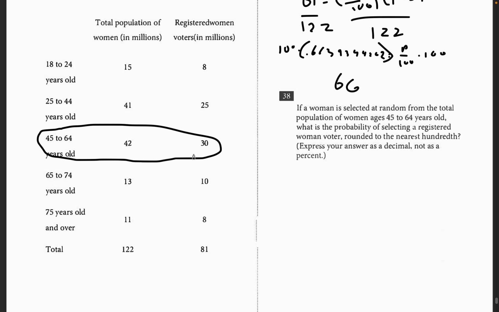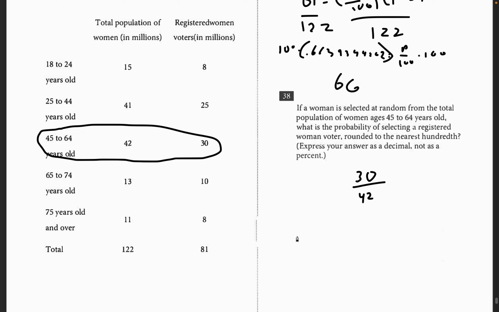It's 30, isn't it? So we have the total, right? The total population of women. It's 30 registered out of the total, which is 42. You do not add them up because this is the total right here. So it's 30 out of 42, that's it.